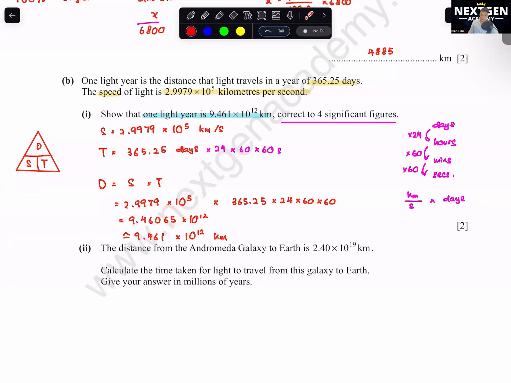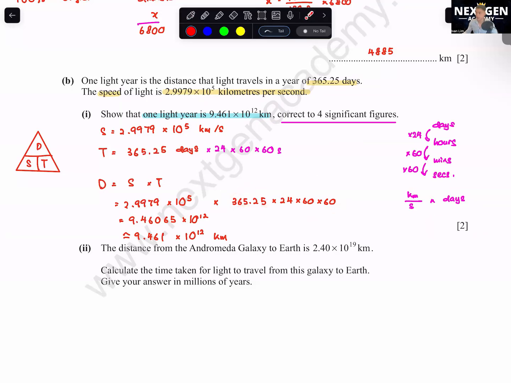We can leave it in standard form if too long? No, they already asked you to change it to here. Okay, you need to change it to standard form. All good.